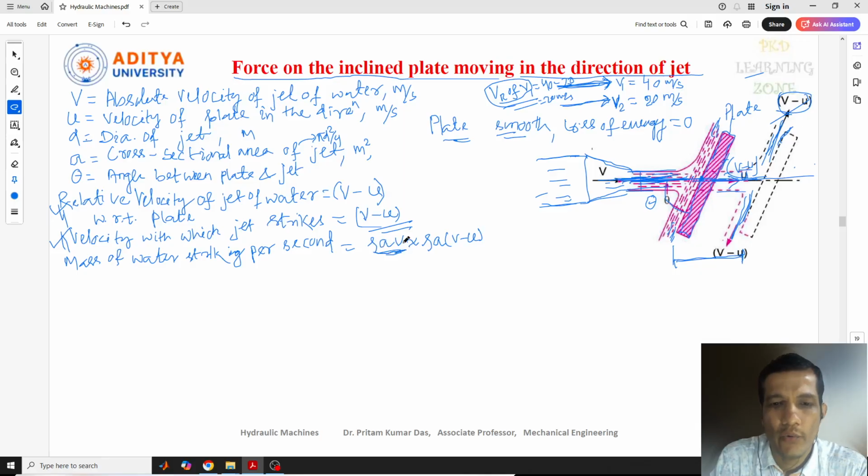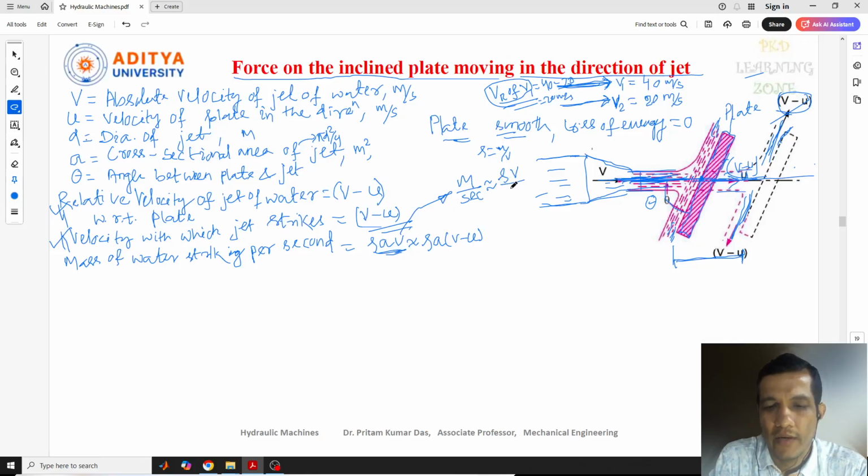How did we get rho a v? We have done this many times in previous equations. This is the mass of water per second, which is the mass flow rate. The mass I can write as rho into volume, because rho equals mass by volume, so mass equals rho into volume.